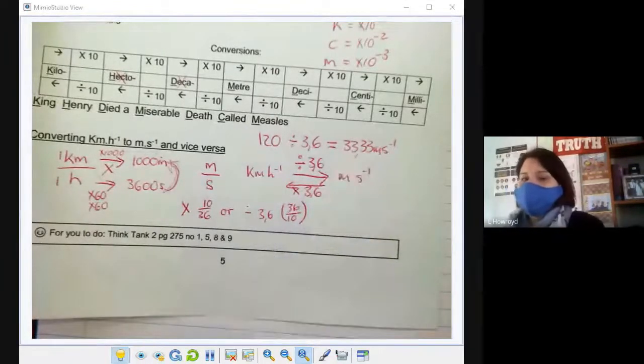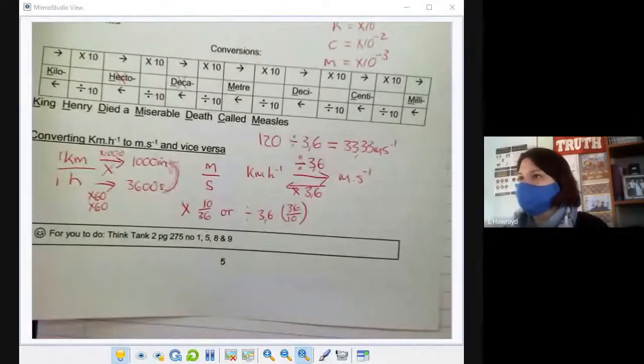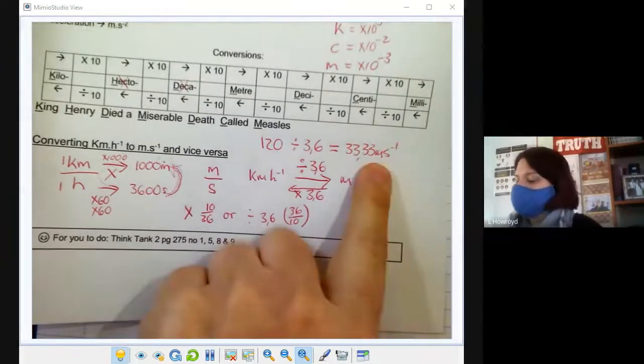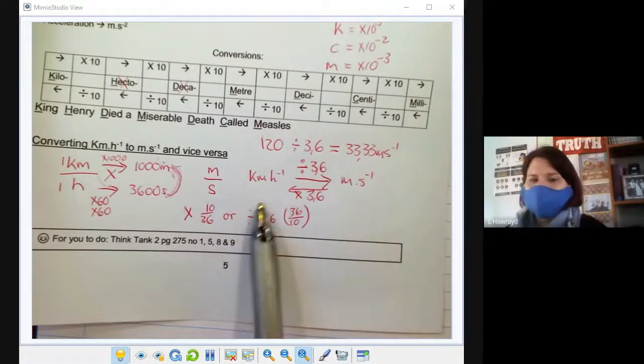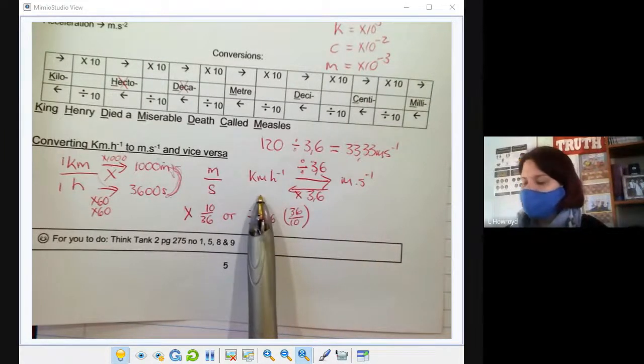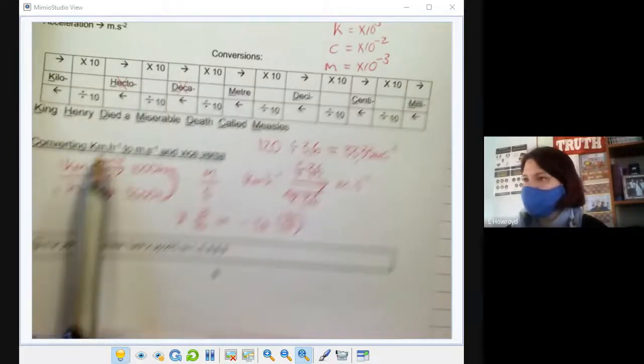Now think about that. You have to cover 33.33 meters every second. That's quite a lot. It's going really fast. If I give you meters per second and ask you to convert it back to kilometers per hour, you times by 3.6. But I just showed you why we get 3.6.